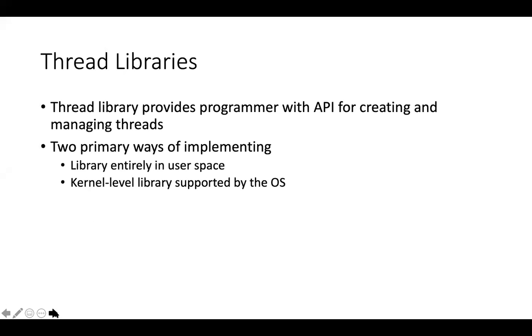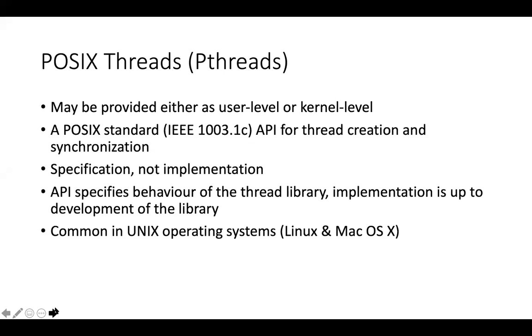And then there's that within the user space, where you select and use what you have to use. Then we have the PThreads, or the POSIX threads, and these are provided either as user level or kernel level. There's a standard API for the POSIX standard for thread creation and synchronization, as given in the IEEE 1003.1c.